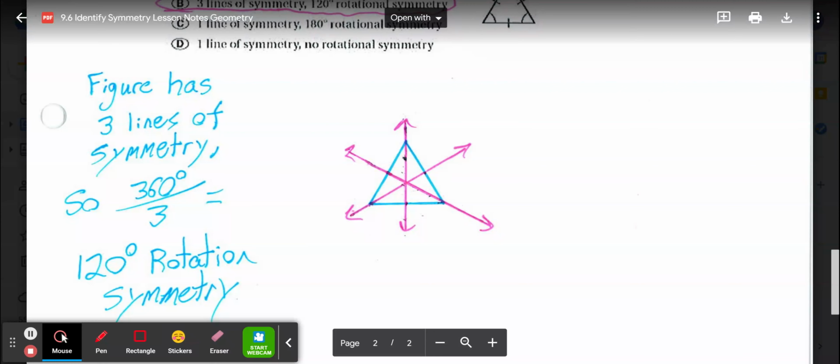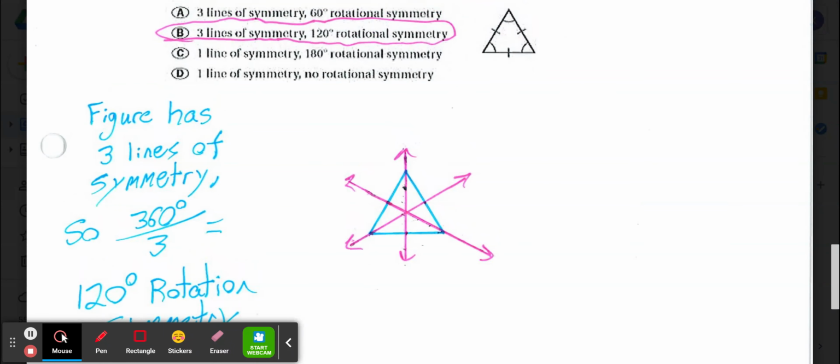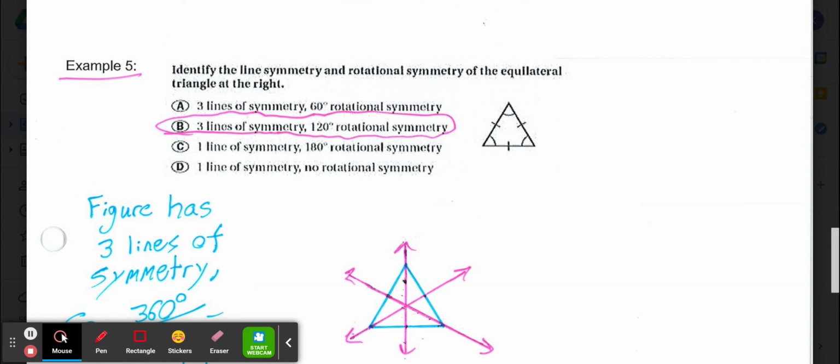To figure out the rotational symmetry, if it has 3 lines of symmetry, I know that narrows me down to option A or B here. So then we want to think about the 60 or 120 degrees.